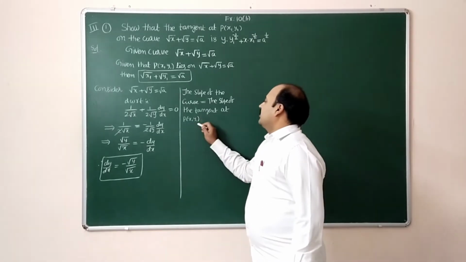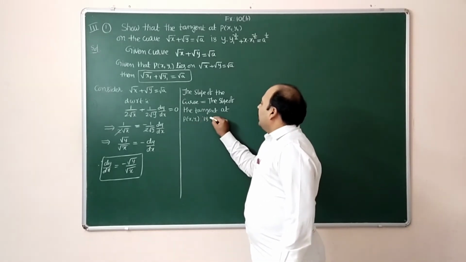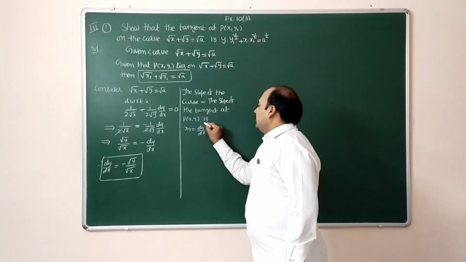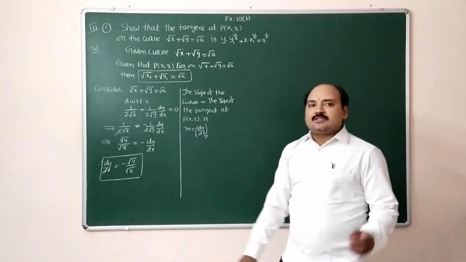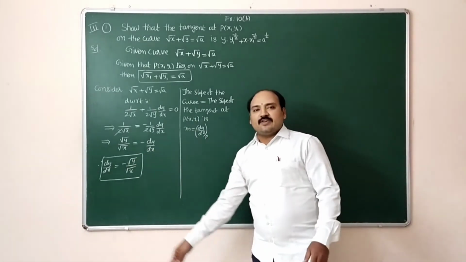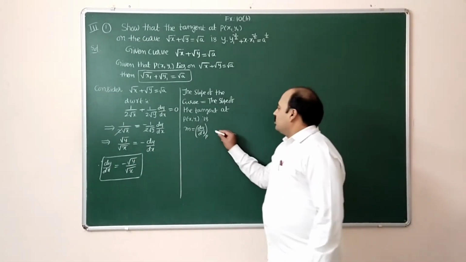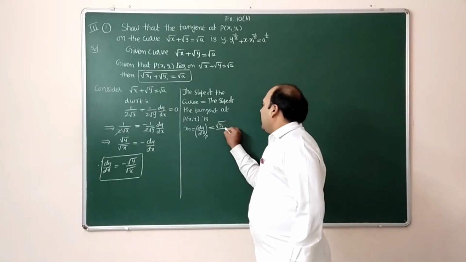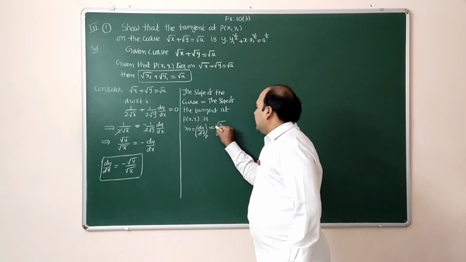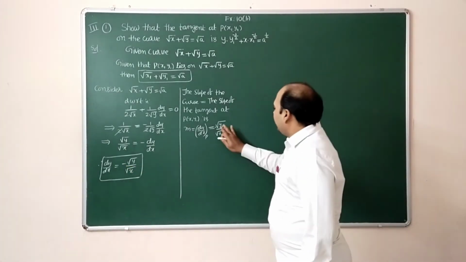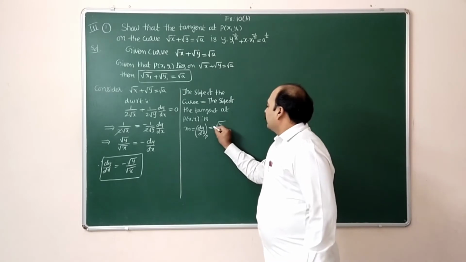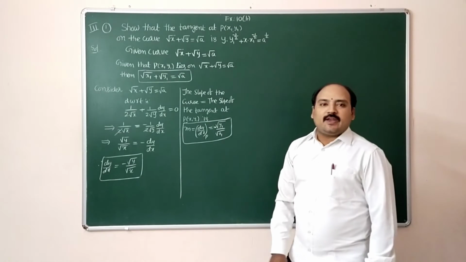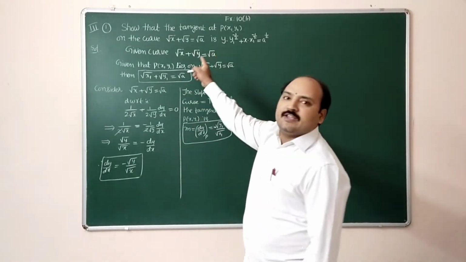Simply we write at P(x1, y1), m equal to dy by dx at P. At P means in place of x, y, you have to write x1, y1. So which is equal to, in place of y and x, root y1 by root x1, and minus is also there. So the slope we got, and the point x1, y1 is also there. They are asking to calculate the tangent equation.